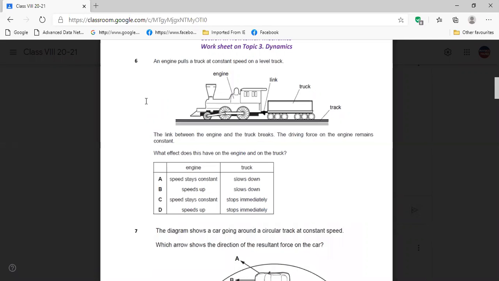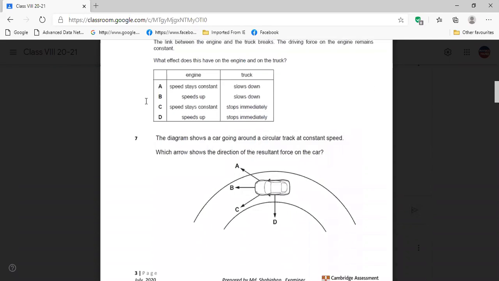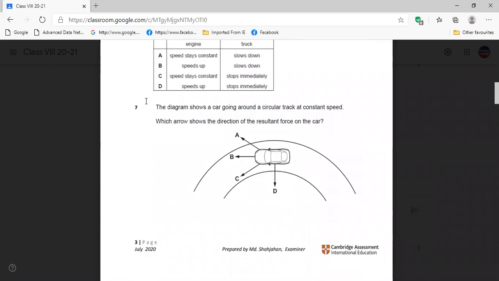Then seven is very easy. The diagram shows a car going around a circular track at constant speed.